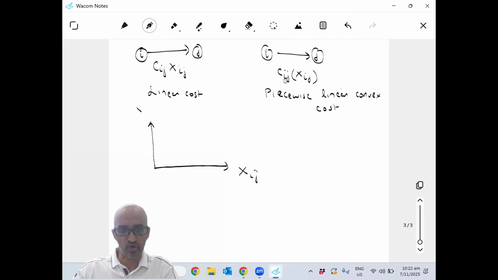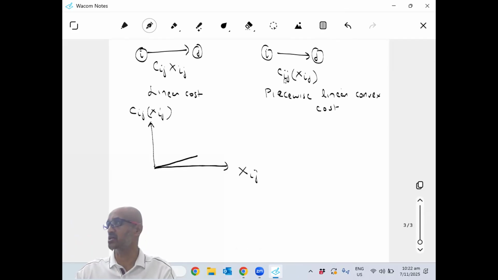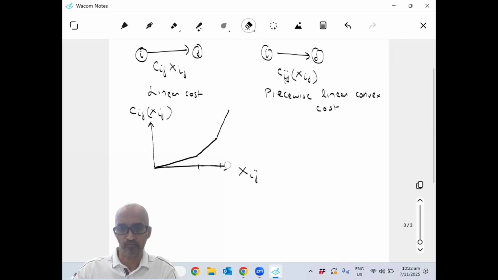Let's say this is the cost function Cij xij. And let's say my cost initially increases at some rate, then maybe it increases at a slightly different rate, and then maybe it increases at some other rate. So that's a piecewise linear convex cost function, right?